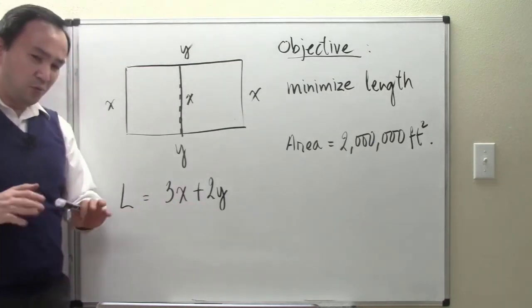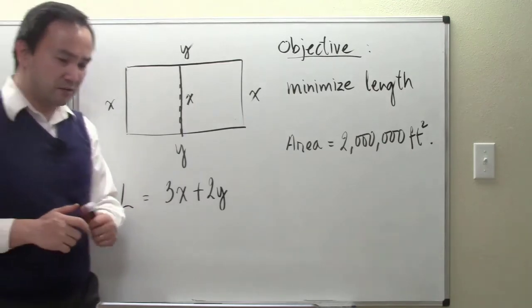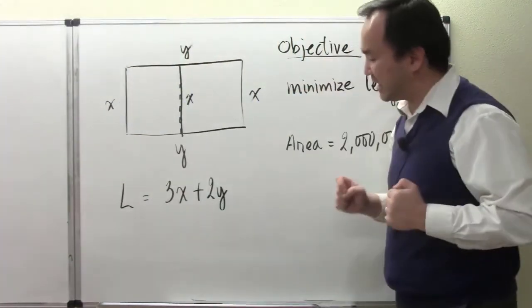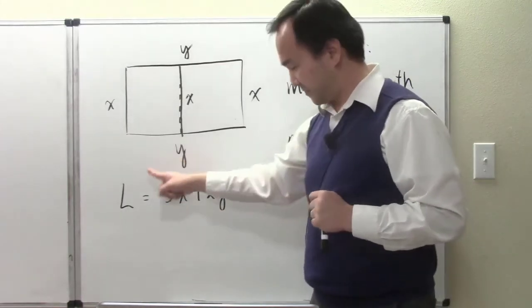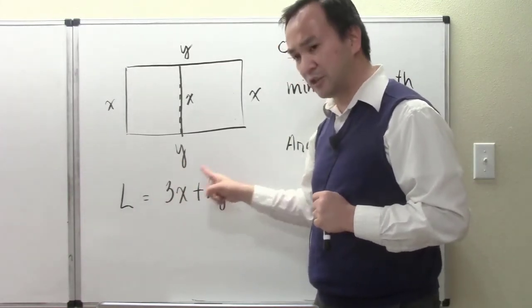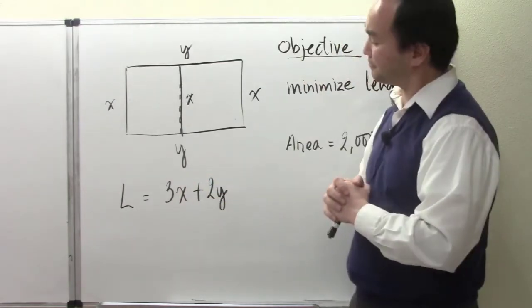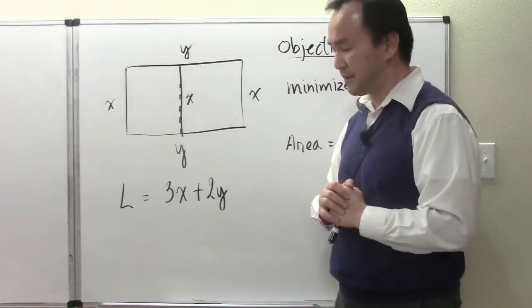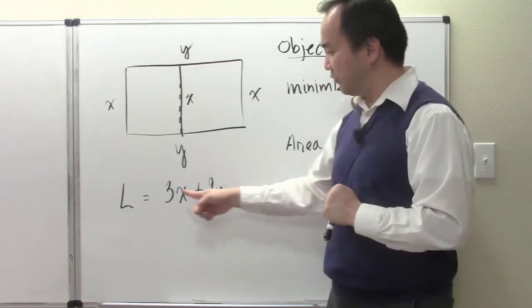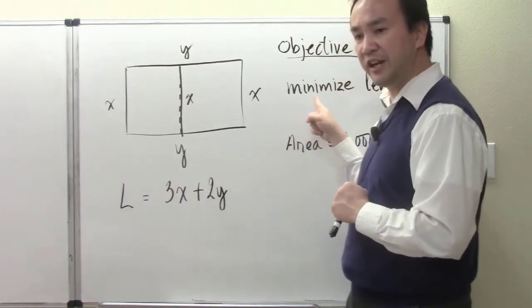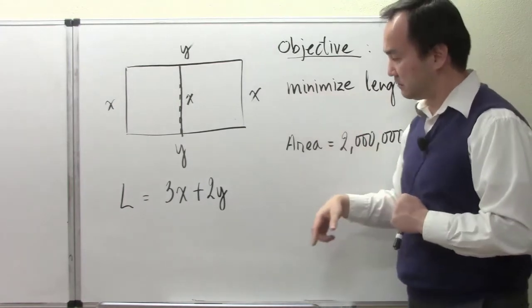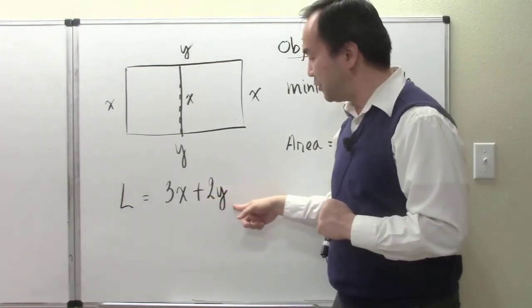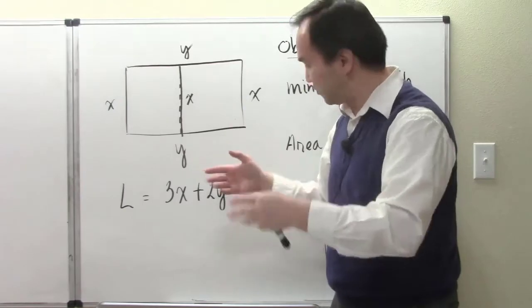But the main limitation for us right now, the main problem that keeps us from being able to do this, is that this is our function, but it depends on two variables. Our function is dependent on two variables, because when we adjust the length to hopefully achieve the minimum, the shortest length, then we have two variables that can be adjusted.